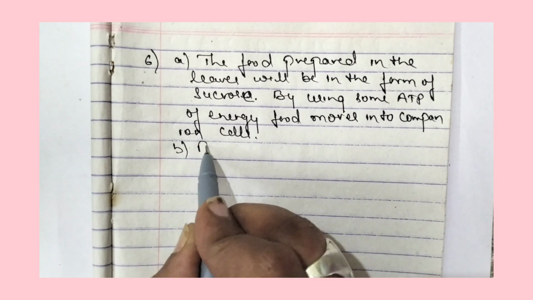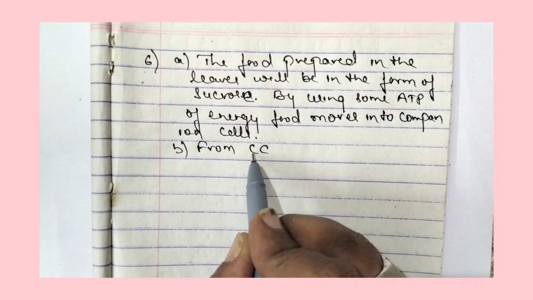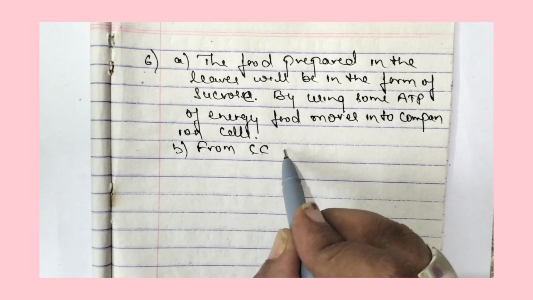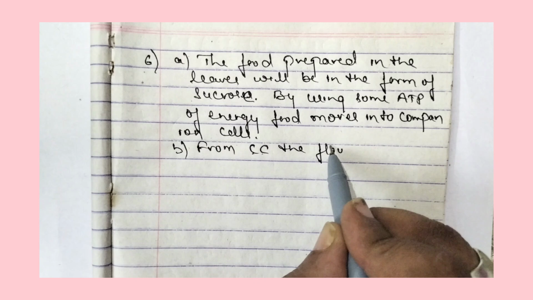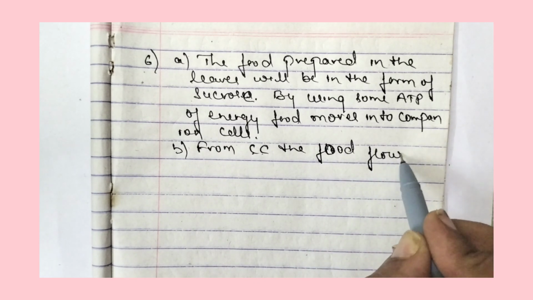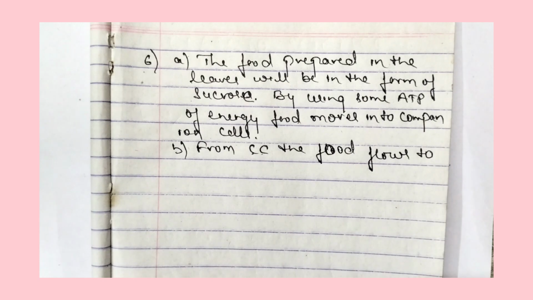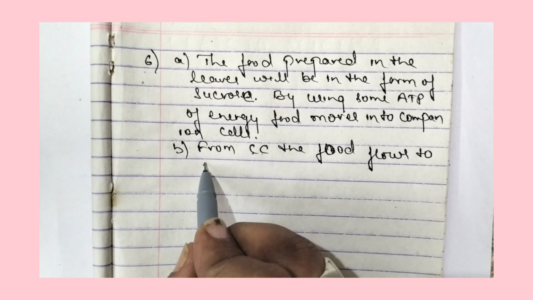Second point, from companion cells. In short, I will write CC, CC means companion cells. From companion cells, the food flows to sieve tubes.